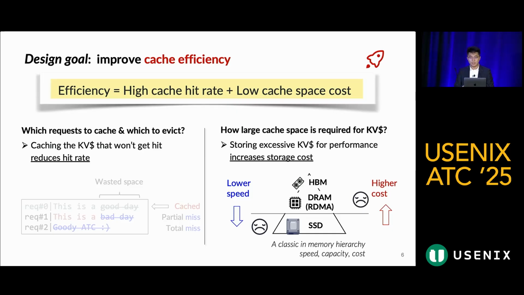Unfortunately, such upper-tier memory media are notoriously small and precious on the cloud. Given that the total KVCache of all users is large, how to provision the appropriate memory capacity to balance performance and cost is also an important design goal.